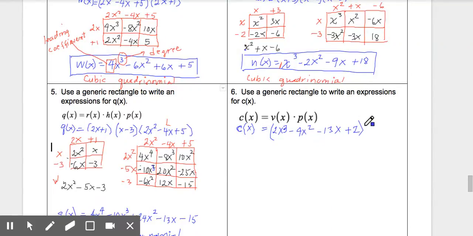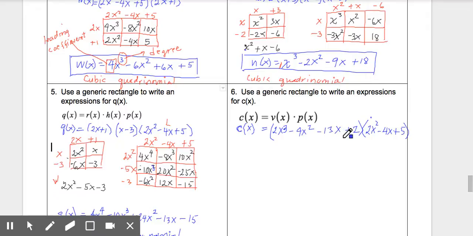Okay, and p of x is right here, 2x squared minus 4x plus 5. All right, so we are multiplying a quadrinomial, 1, 2, 3, 4 terms, by a trinomial, 1, 2, 3 terms.